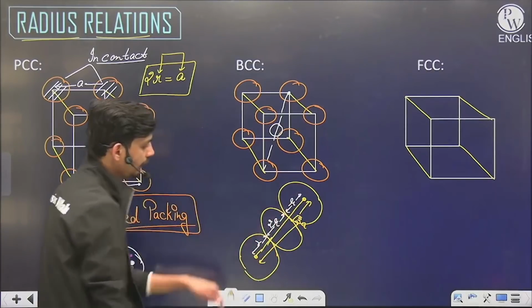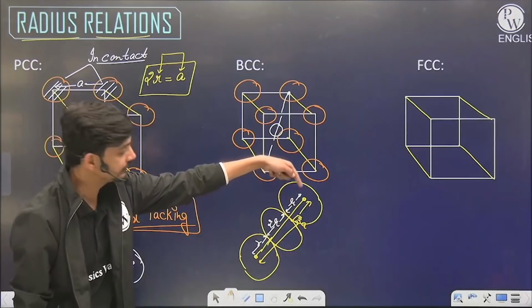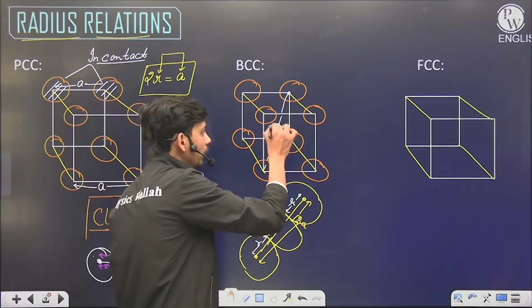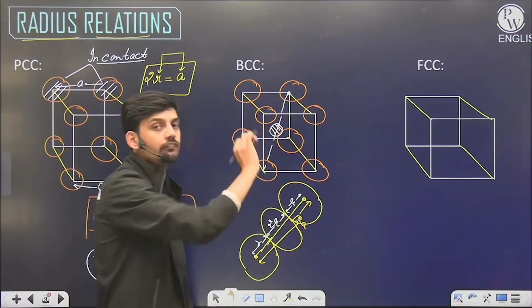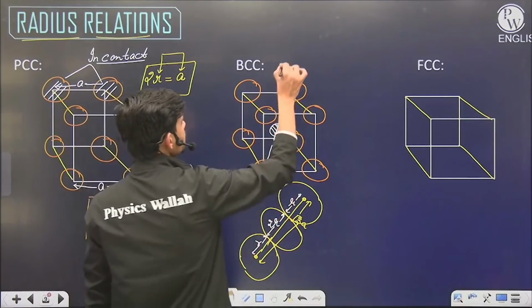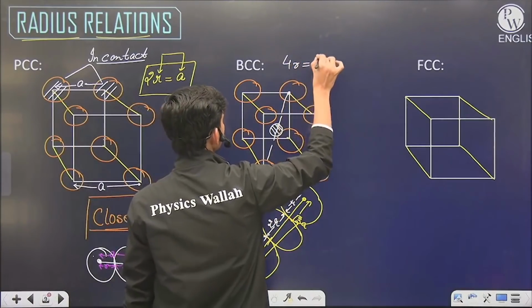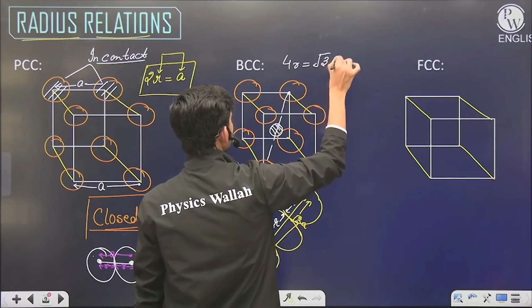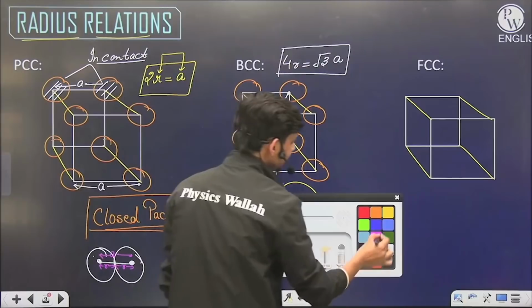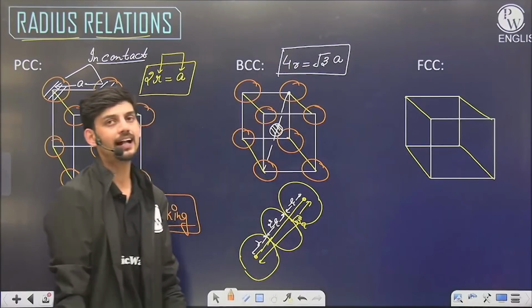So clearly from here, r plus 2r plus r is equal to the body diagonal, because all these corner atoms are touching the body center atom. This is the nearest neighbor of any corner atom. So we can see from here, 4 times r is equal to root 3 times a, the body diagonal. So this is the radius relation for BCC, the body centered cubic lattice.